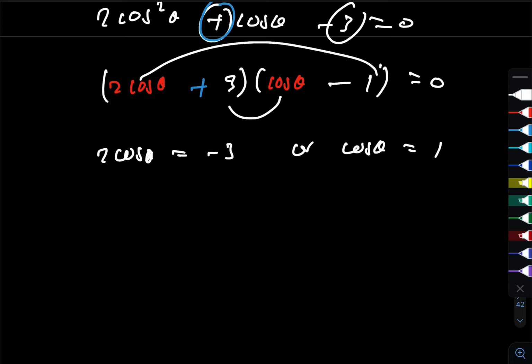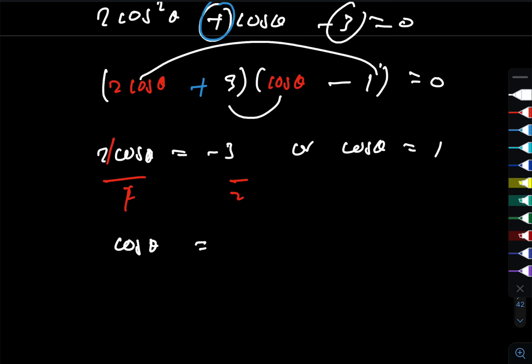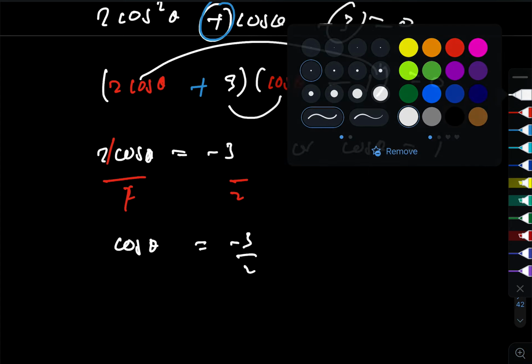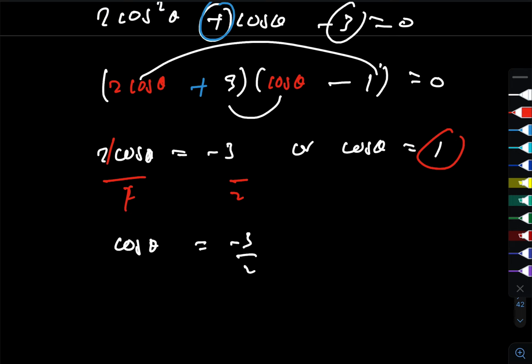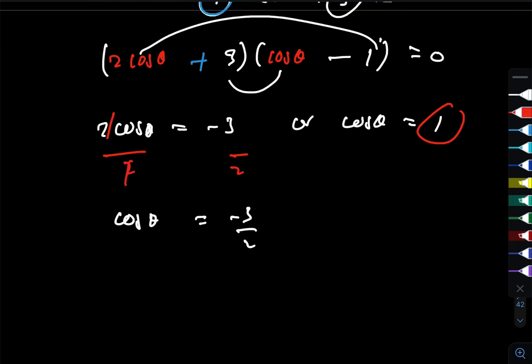At this point, I'm just going to have to divide the 1 on the left by 2, and that will cancel. And then you have your cosine theta equals negative 3 over 2. Or here, basically, it equals 1. 1 is between negative 1 and 1, as well as equal to 1.